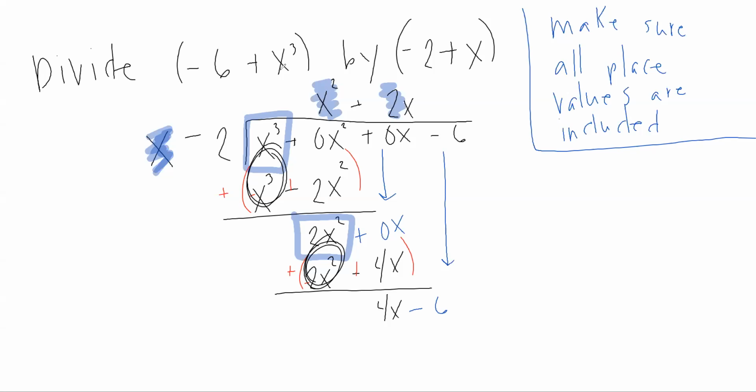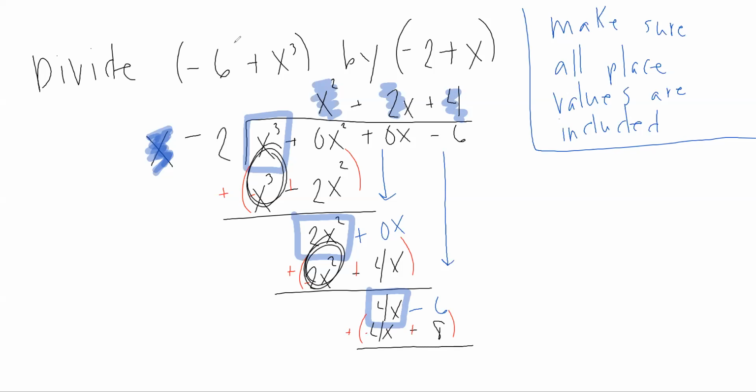So x times something is going to give me this 4x. Well, I need a 4. All I'm missing is a positive 4. 4 times x gives me 4x. 4 times -2 gives me a -8. Remembering now to parenthesize, subtract.